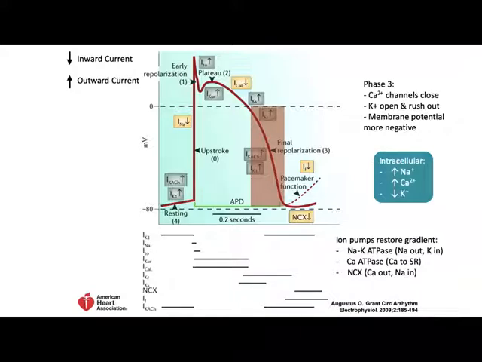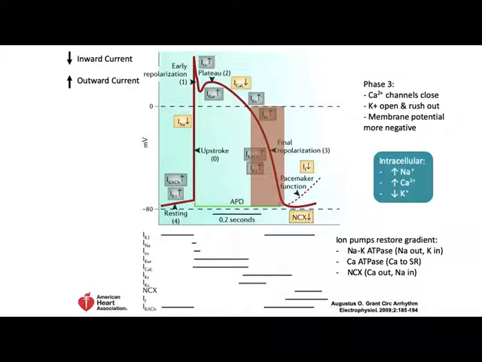We want it in. So that's when we need to be active in restoring our normal balance. And these are the main players in restoring the normal scenario. Sodium outside, potassium inside, calcium put away.